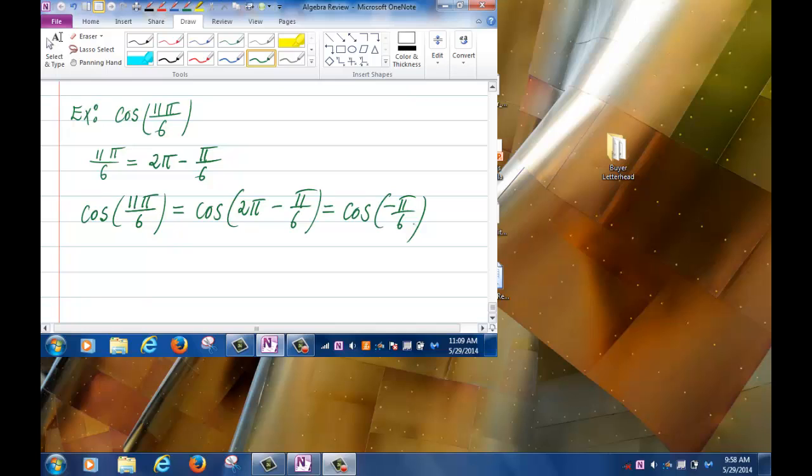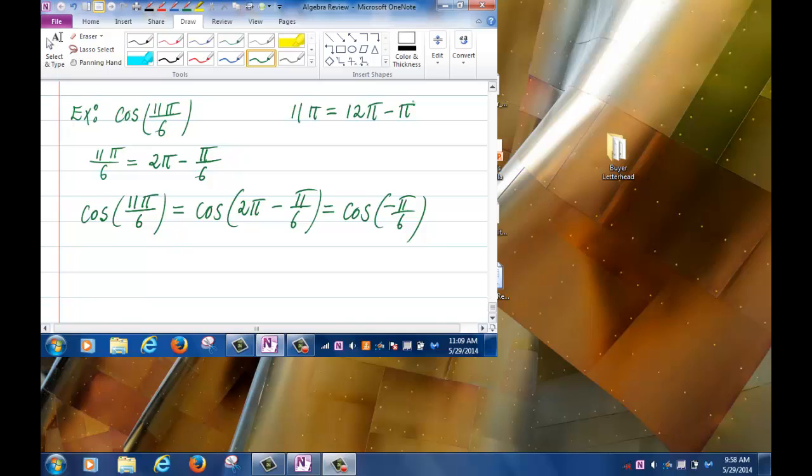So notice that 11 pi, I can say this is 12 pi minus pi. So I'm looking at the closest multiple of 6. And then when you divide that by 6, you get 2 pi minus pi over 6. Is that making sense? You guys agree with what I wrote on the last line?